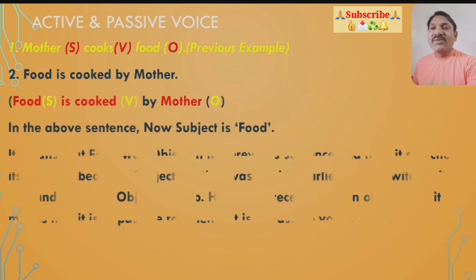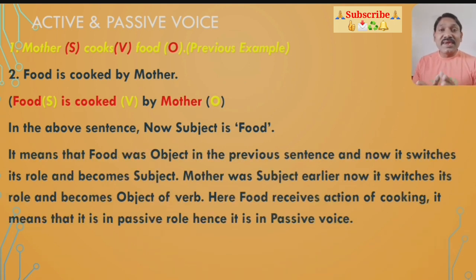Very good. See, students, in the above sentence, now the subject is food. It means that food was the object in the previous sentence, and now it switches its role and becomes the subject. Mother was the subject earlier, now it switches its role and becomes the object of the verb. Here food receives the action of cooking. It means that it is in a passive role, hence it is in passive voice.